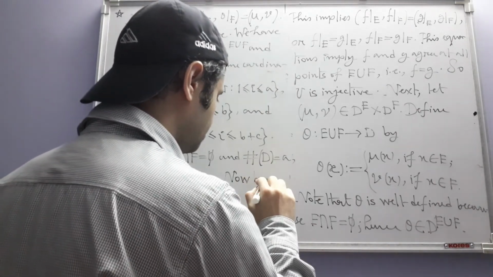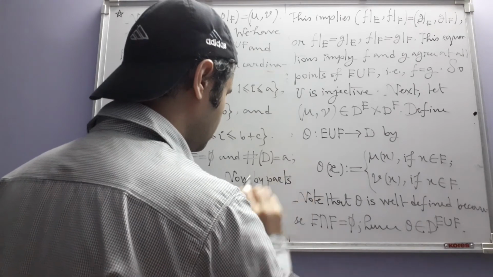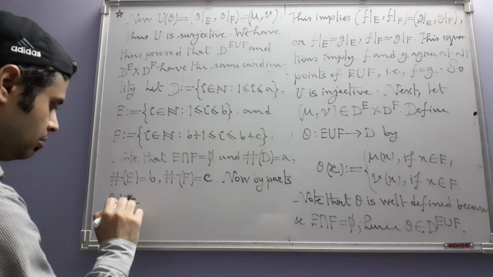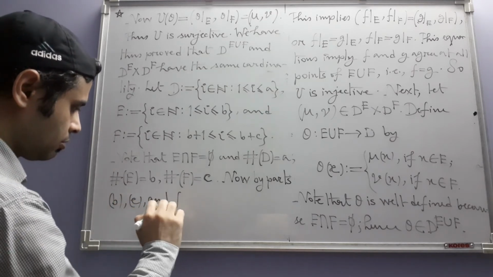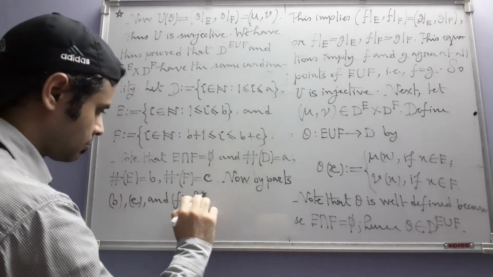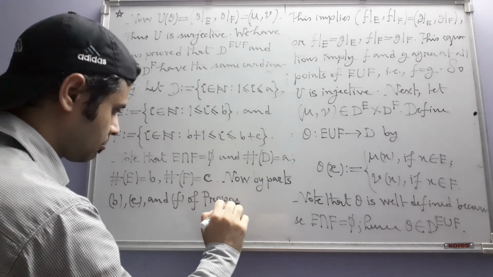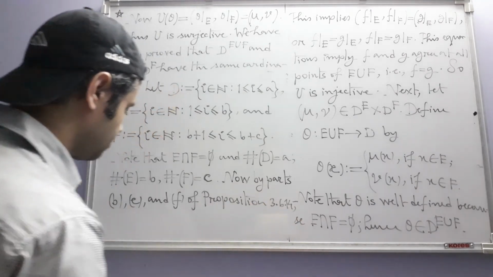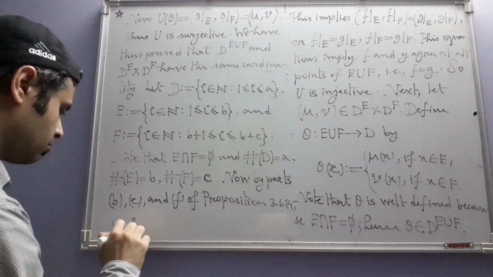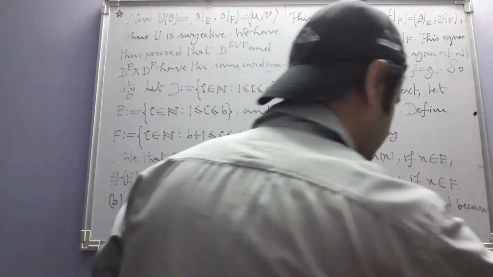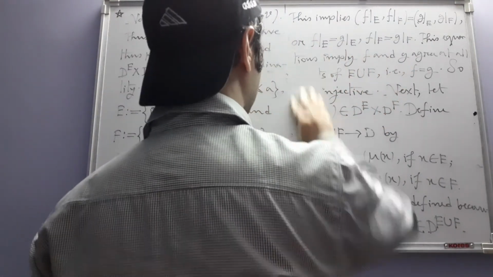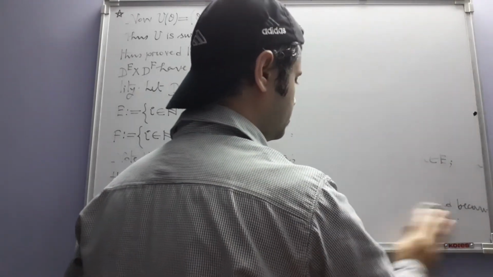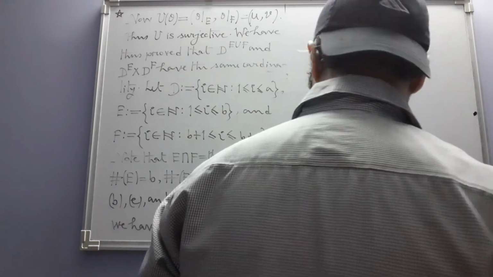So now by parts B, E and F of proposition 3.6.14, we have, what do we have?